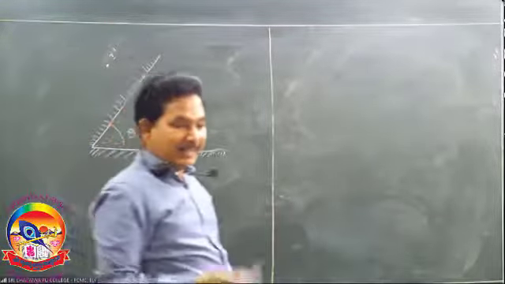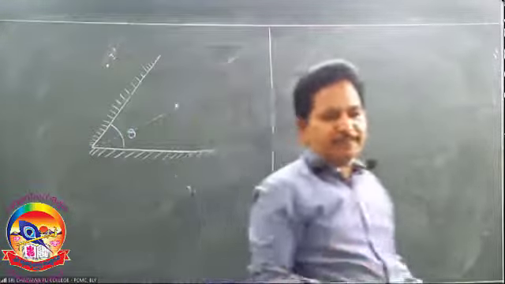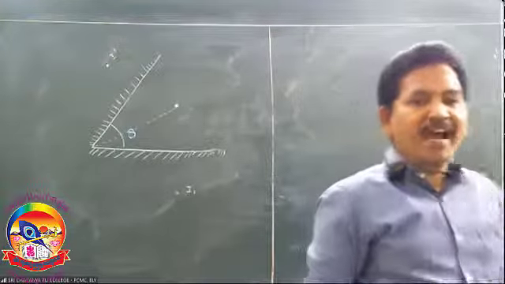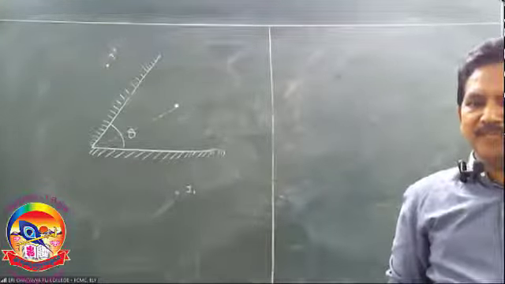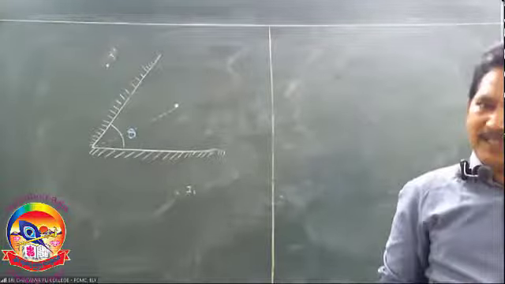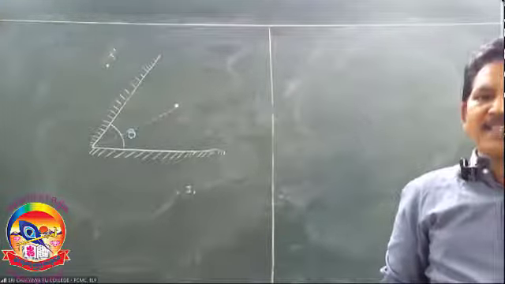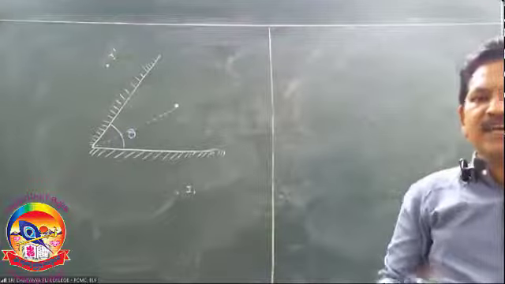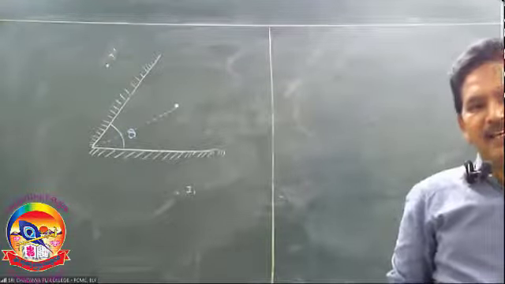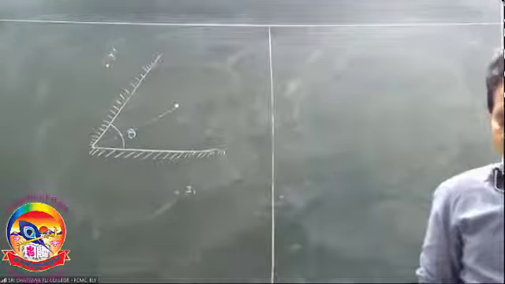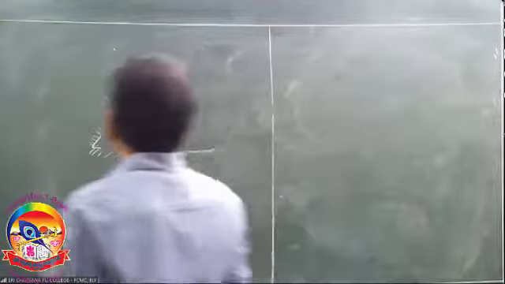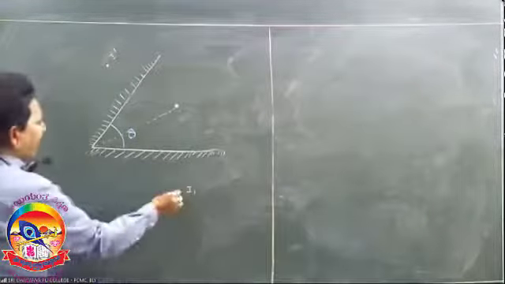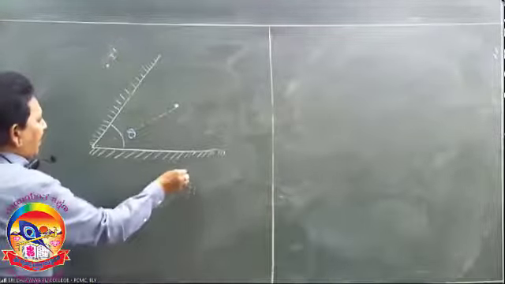The image formed by the first mirror will act as an object for the second mirror, and the image formed by the second mirror will act as an object for the first mirror. Like that, multiple images will be formed. All these images will lie on a circular path.